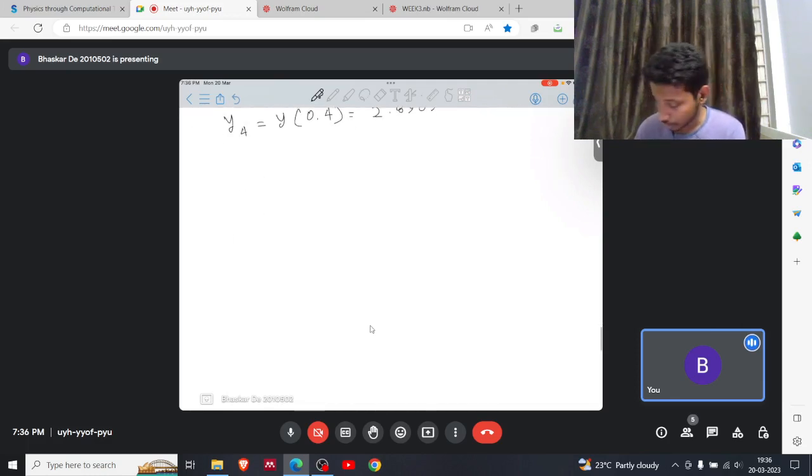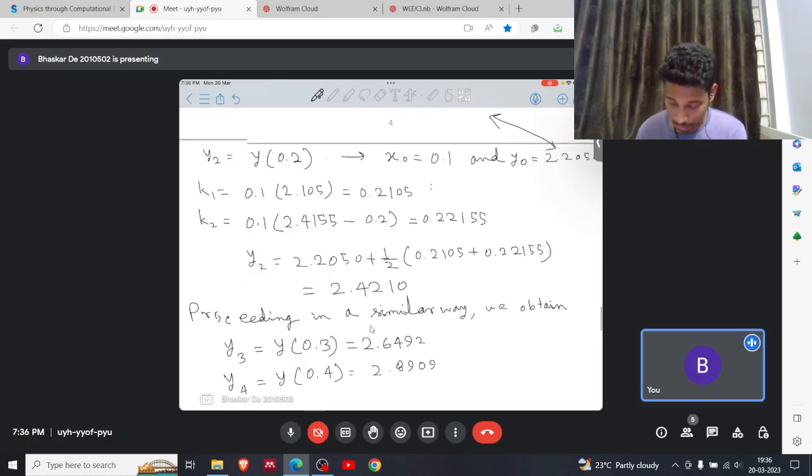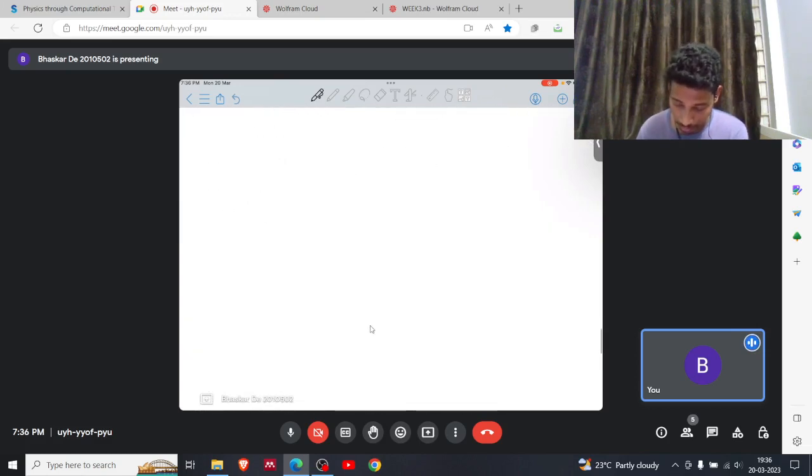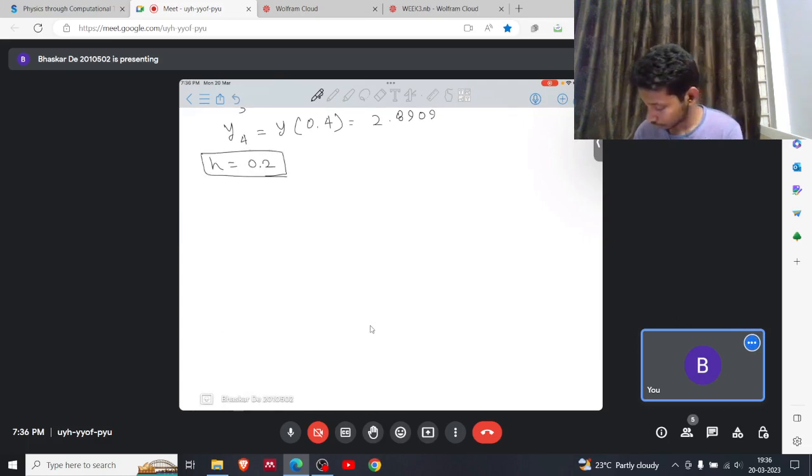Now, here we have used the value h equal to 0.1. We can change the value of h to 0.2. If we use h equal to 0.2 and compute the value of y of 0.2 and y of 0.4, we have h equal to 0.2, x0 equal to 0, y0 equal to 2.